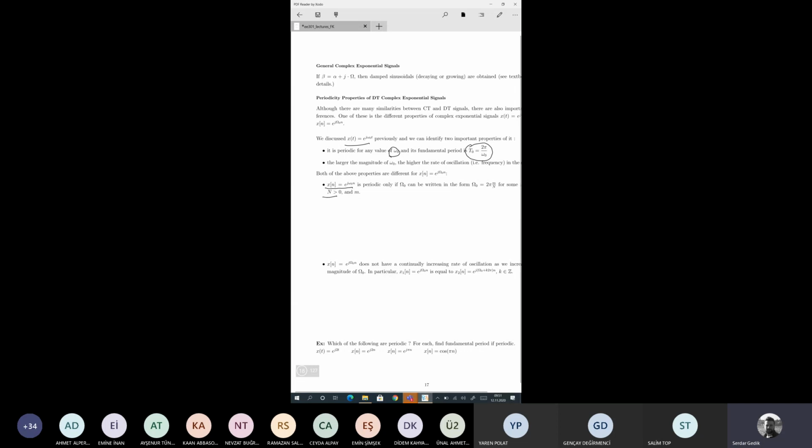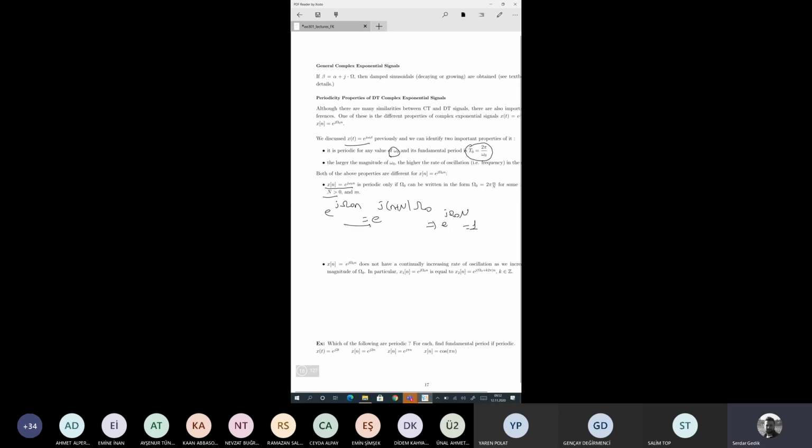And remember, N must be positive, so it cannot be 0 or negative. So if I have e to the power j omega 0 n, if it is periodic with capital N, then it must be equal to e to the power j omega 0 times n plus capital N. And if you equate both sides, it means that e to the power j omega 0 N must be equal to 1.